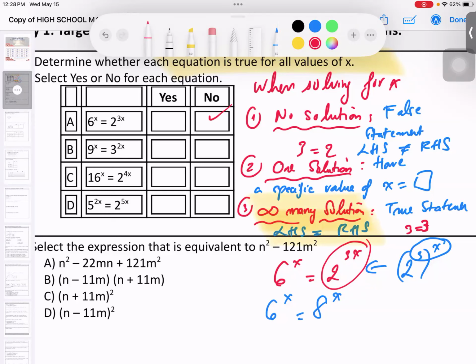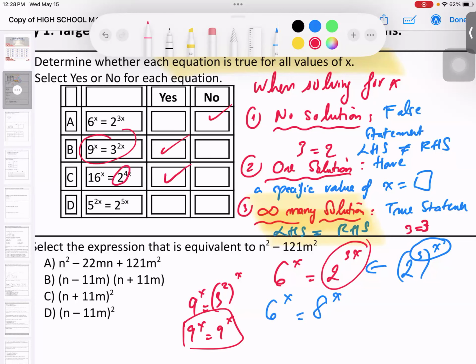All right, B, yes or no? Why is it yes? Because it's equal, right? If you want to rewrite it, it's going to be 9x equal to 3 squared to the x, and 3 squared is 9. So 9x equal to 9x. Left hand side equal to right hand side. Yes. C. Yes, because 2 to the power 4 is 16.